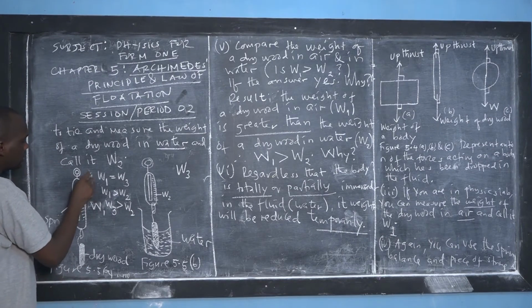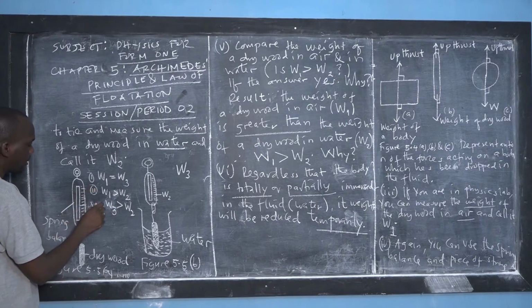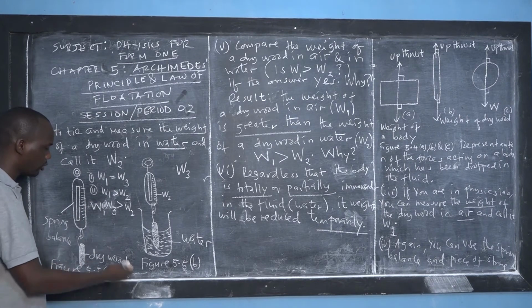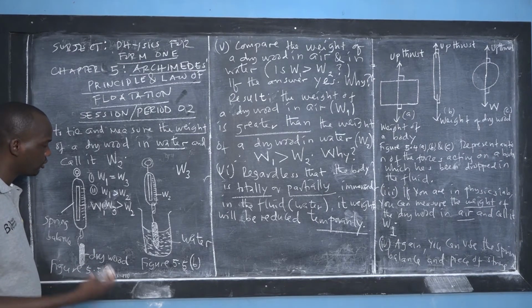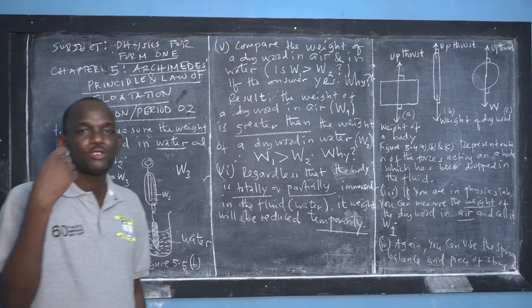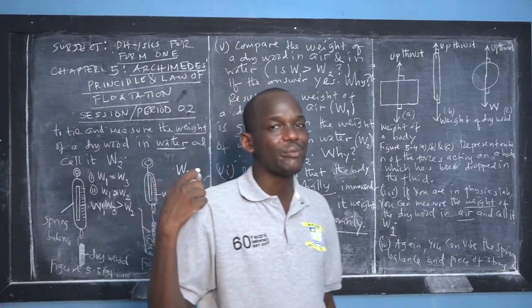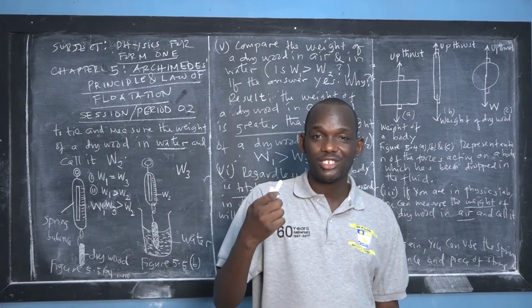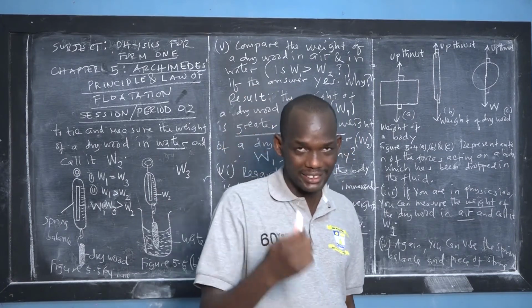So remember this, this is a very important concept. Okay? So the weight of a body, whether before it has been dropped in fluid or after it has been dropped in fluid, is the same. So that's why we say that this piece of chalk or dry wood that we've been using in these demonstrations loses its weight temporarily, not permanently.